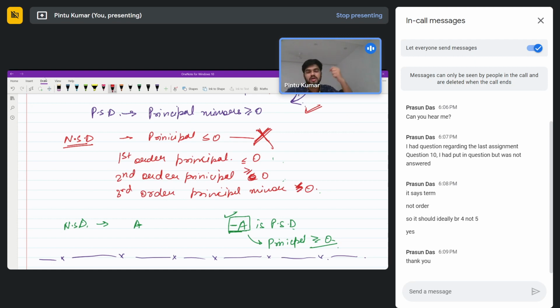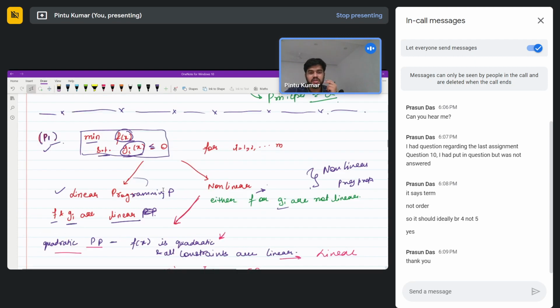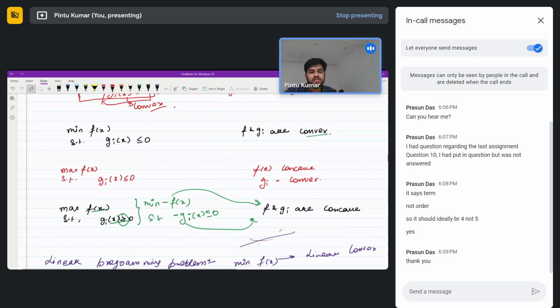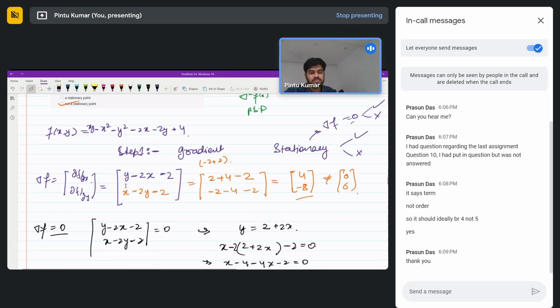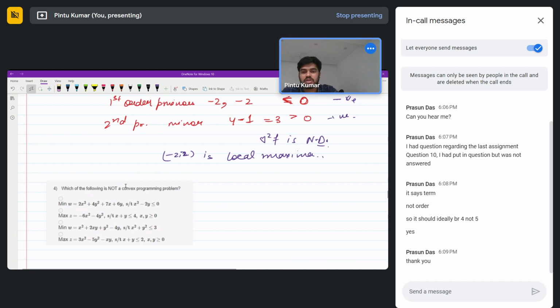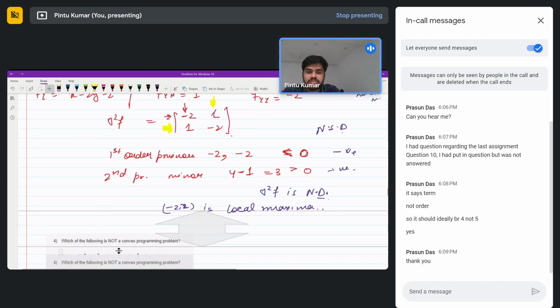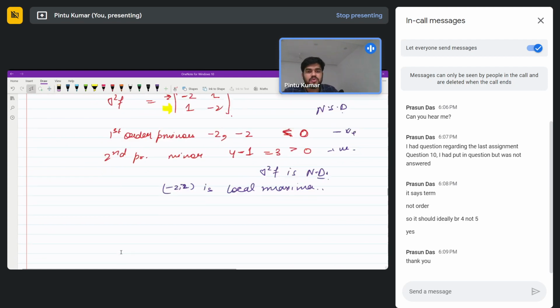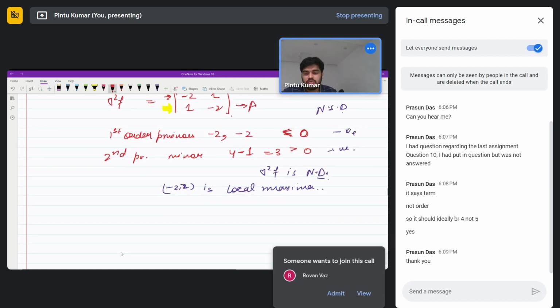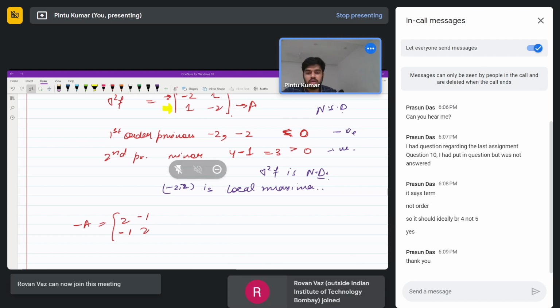So to avoid this confusion, what you can do is just take the negative sign. I also got confused here. Let's say this was my matrix that I had to check. So what is minus A? Minus A is nothing but 2, 1, 1, sorry, 2, minus 1, minus 1, 2.